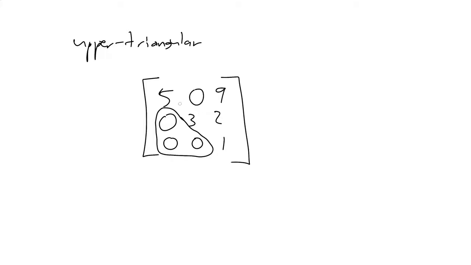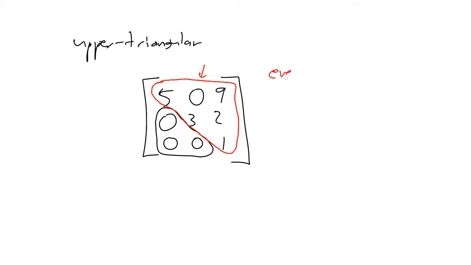So the only thing that really has any substance to it here is the diagonal and the things above the diagonal. So that red triangle there is a triangle shape, right? And all those in the red are the only ones allowed to be non-zero.